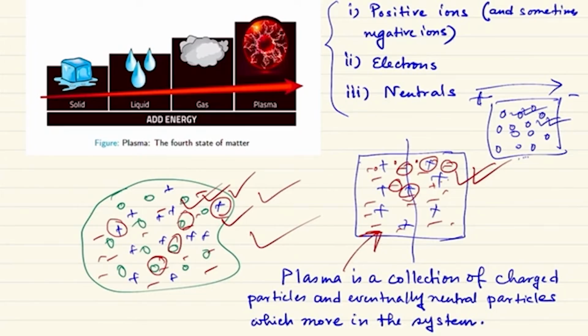Now in general the system is not ionized, but let's say that you are making the gas very dilute. So you are making the gas very rarefied, the density is very low, and you are not heating the system, but you apply a very strong electric field.